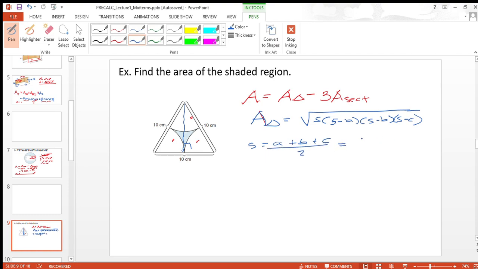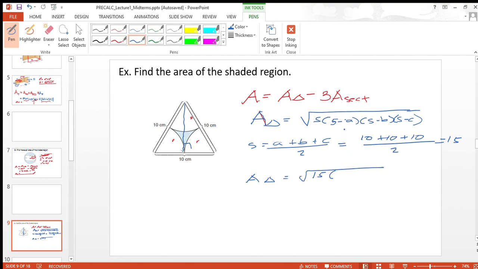But A, B, and C are equal, so this is 10 plus 10 plus 10 divided by 2. That's 30 divided by 2. Your S is 15. Therefore, the area of the triangle will be, S is 15.